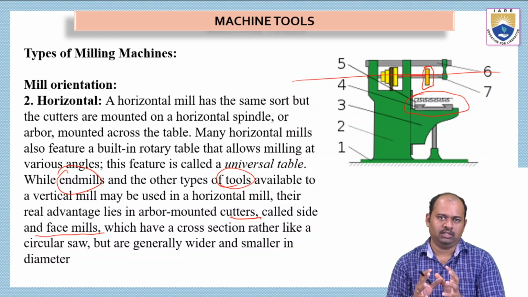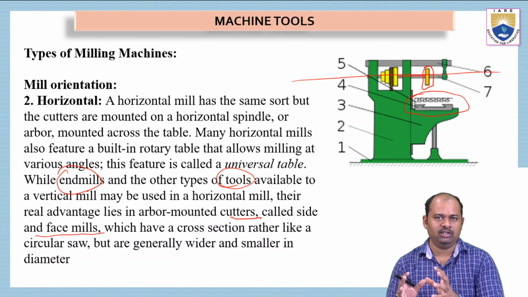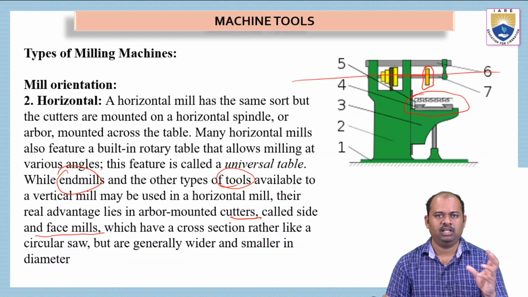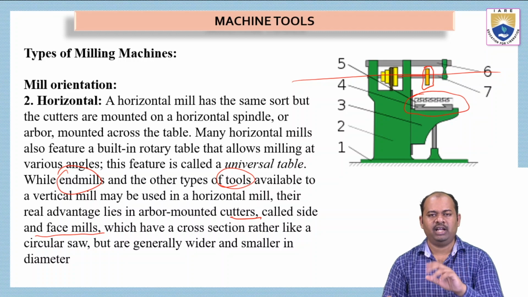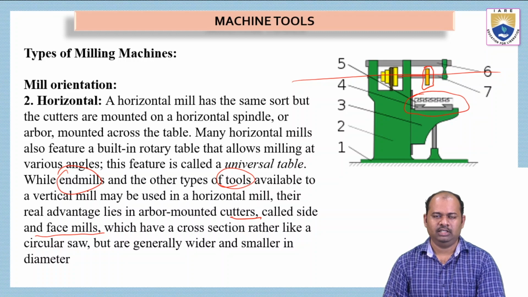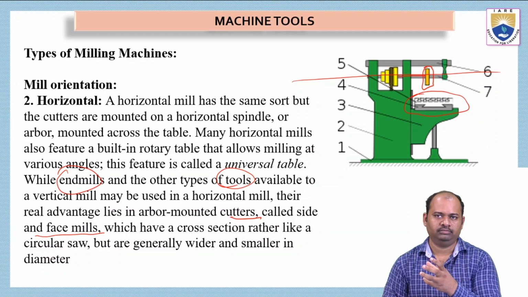Similarly, vice versa: the tools used in horizontal machines can be used in vertical milling machines as well. So we can understand that both horizontal and vertical milling machines have the same kind of capability, yet depending on the particular operation, we have to choose a different machine, either a vertical milling machine or a horizontal one.